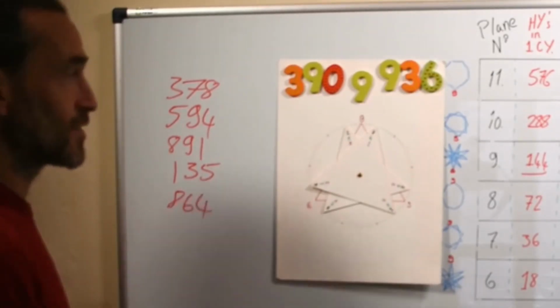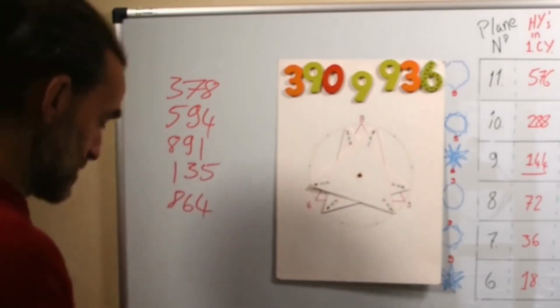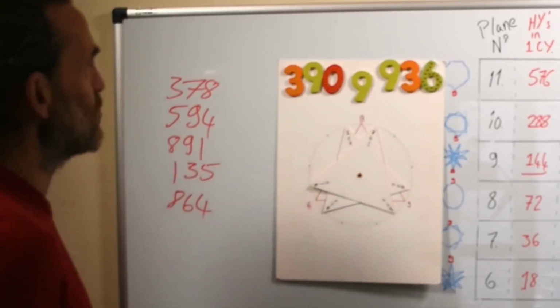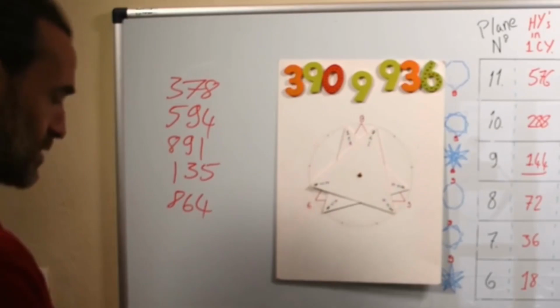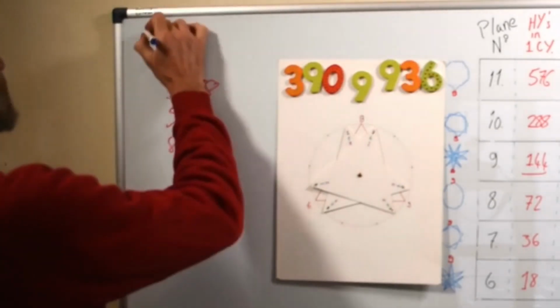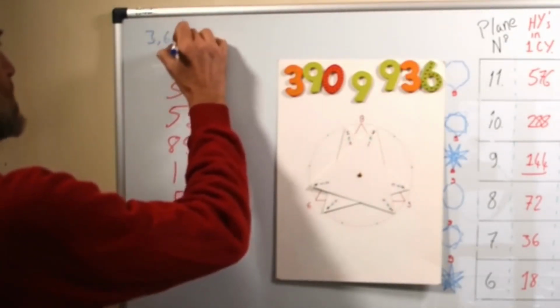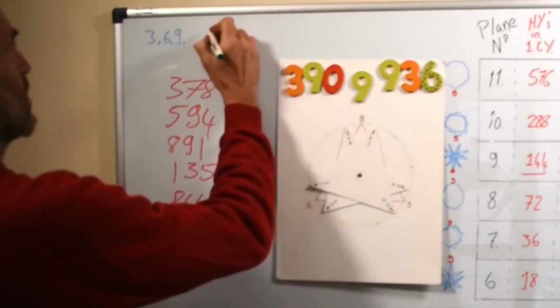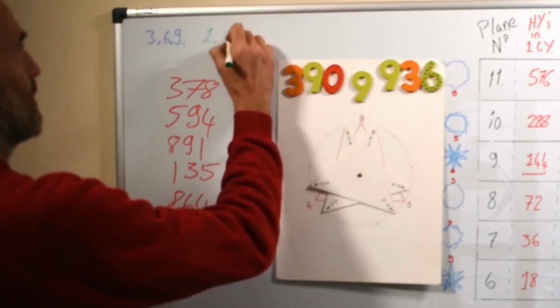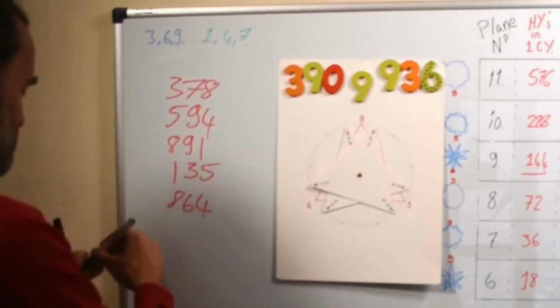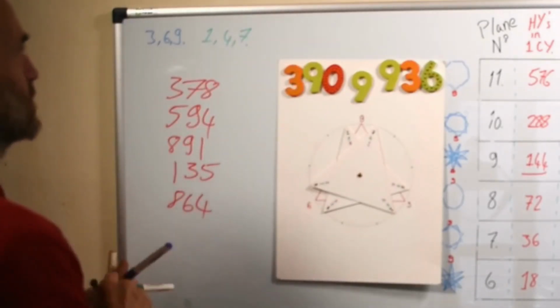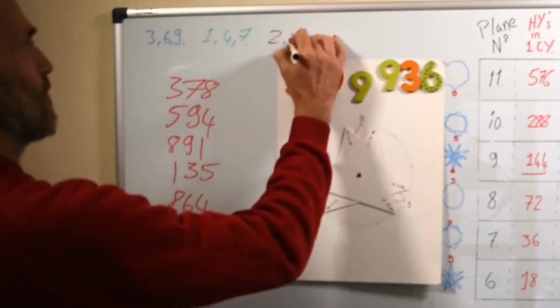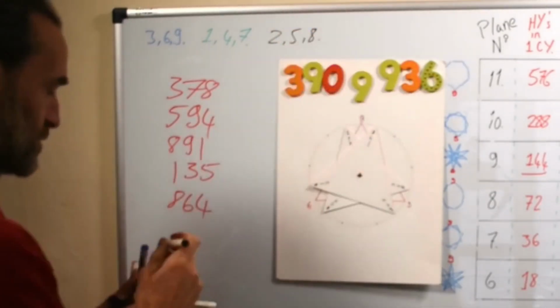The first thing that I want to point out, remember our number groups. We've got 3, 6 and 9. We've got 1, 4 and 7, and you've also got the 2, 5 and 8 groups.